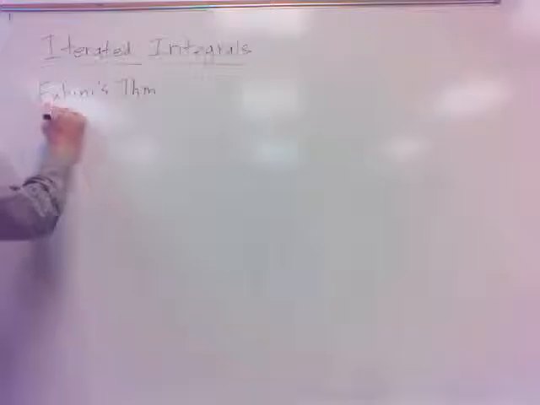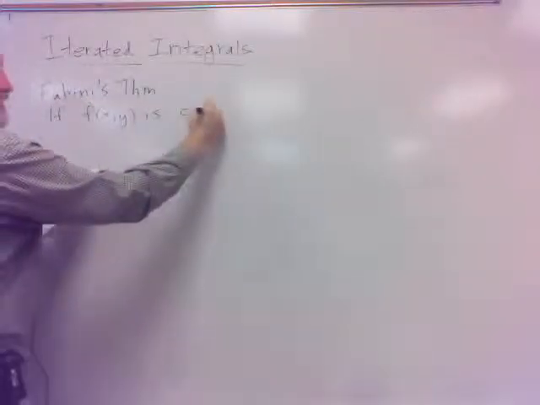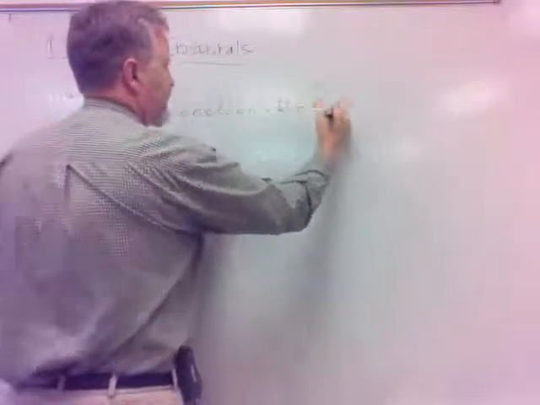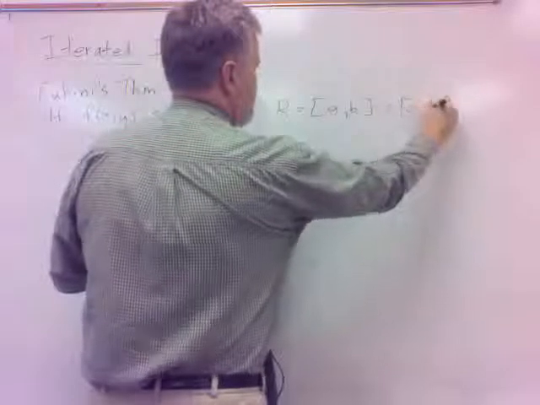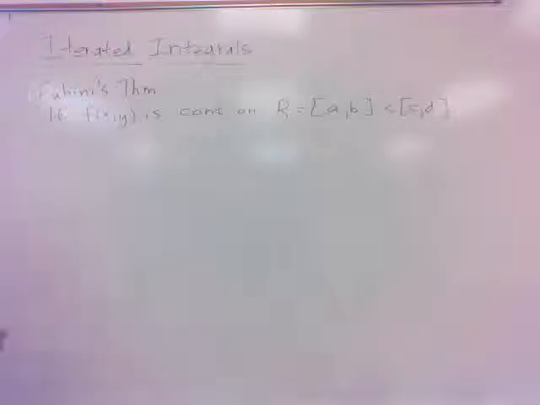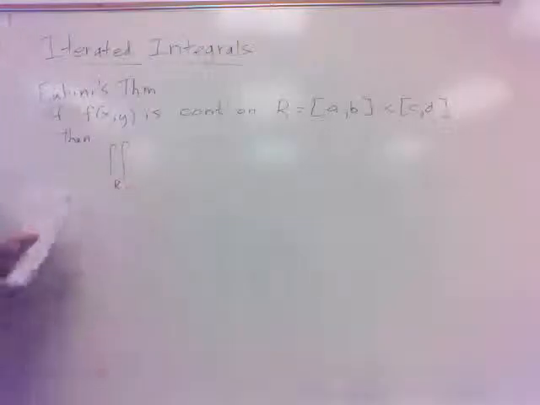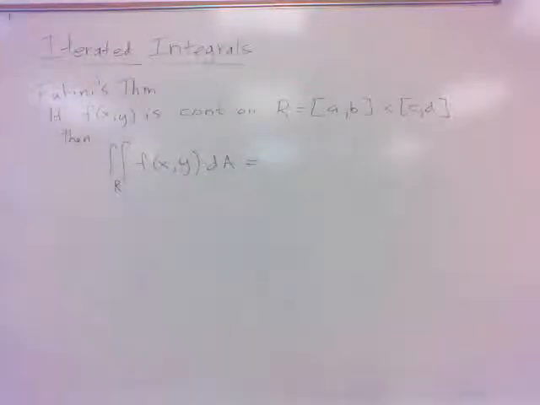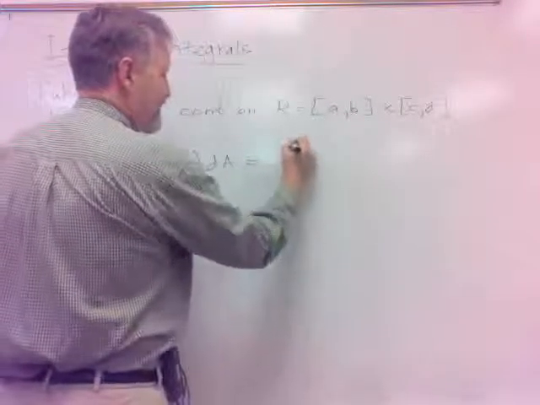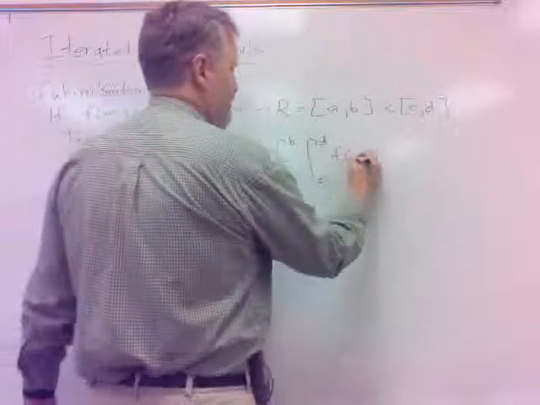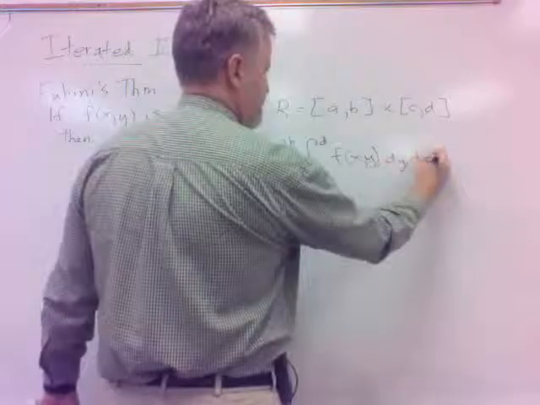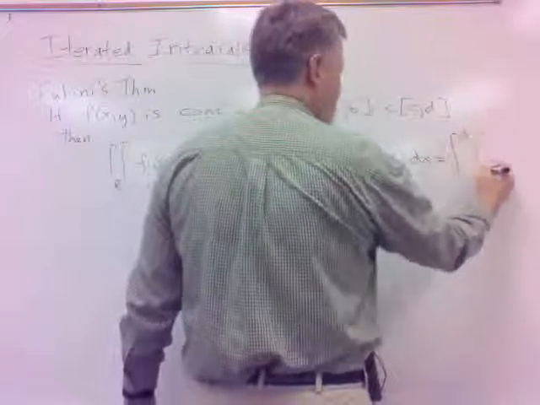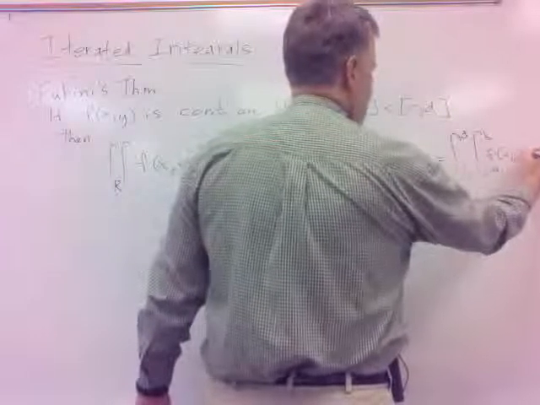Fubini's theorem says if f(x,y) is continuous on R equals a to b by c to d region, then our volume double integral is equal to the integral a to b, integral c to d, and it also equals the integral c to d, integral a to b of f(x,y) dx dy.